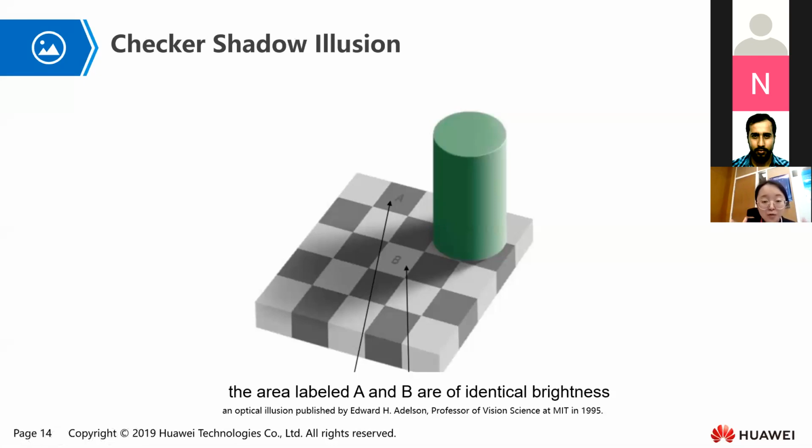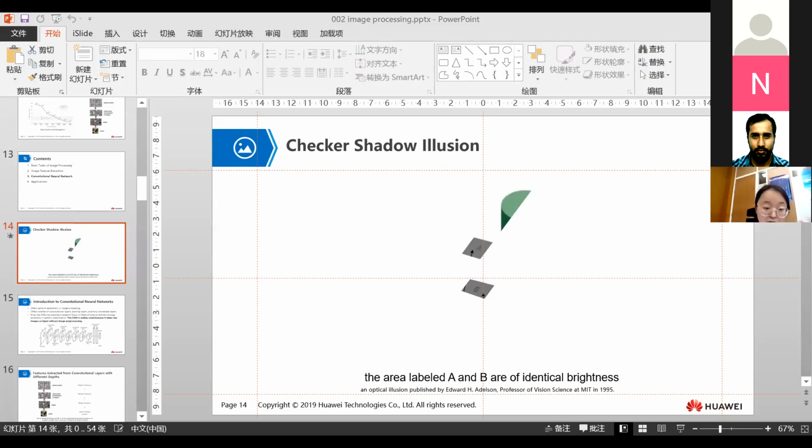So how a pixel looks in our eyes depends not just on the single pixel, but also on the pixels around it. That's the reason why we use convolutional calculation.